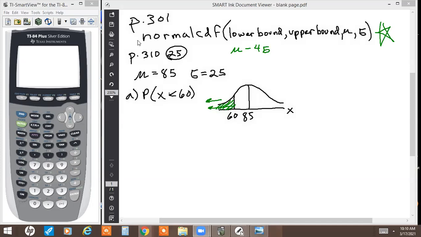So that's a very small tail area if you're beyond 4 standard deviations. So let me calculate that first. Mu minus 4 times sigma equals 85 minus 4 times 25. That makes sense?